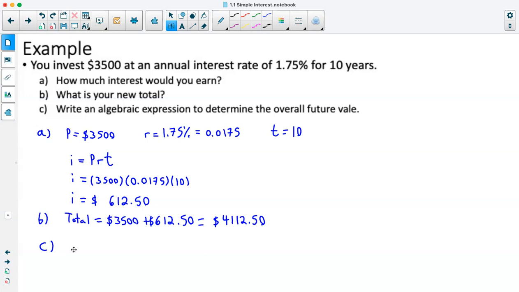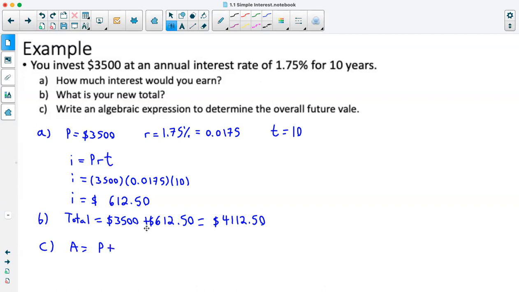Now, part C was writing an algebraic expression to represent our overall value. So I'm going to say my total is A, which is short for amount, is equal to our principal plus our interest earned. Now, our interest earned was I = PRT.